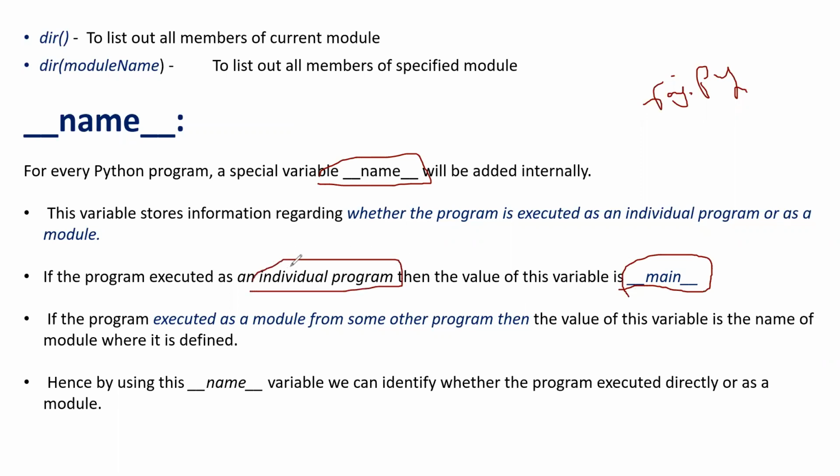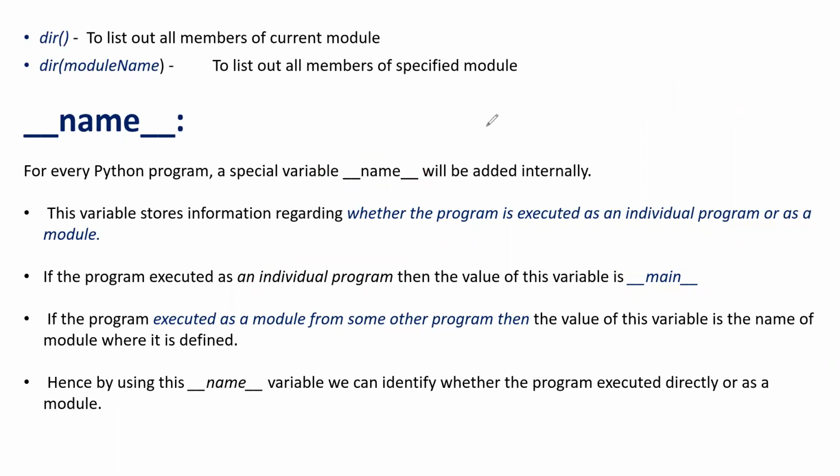This is a program, not a module. Let me write that code: if underscore underscore name underscore underscore equal to main, then this is not a module, this is the code. Instead of that, if you write anything else, then we can say that it is executed as a module.